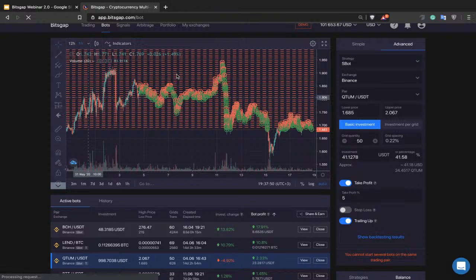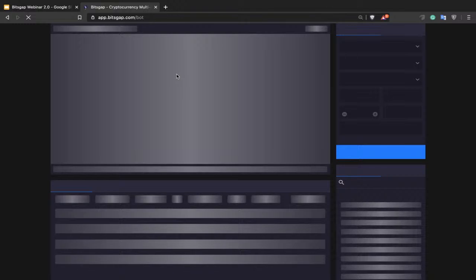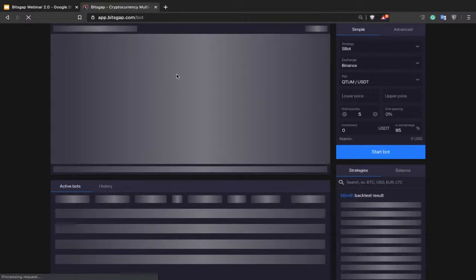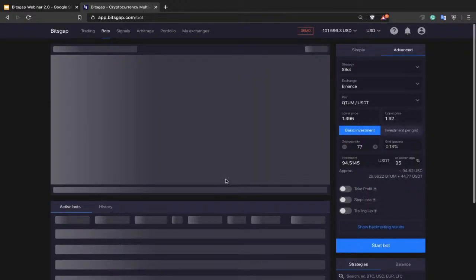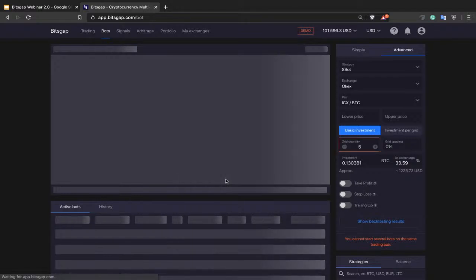So let's see how many of you are already familiar with this profit maximization technique. Yeah, so you see it takes some time because I'm using my MacBook 2017 and I guess not enough computation power to handle so many softwares, so sorry for that.